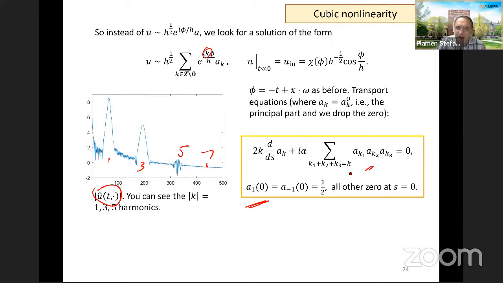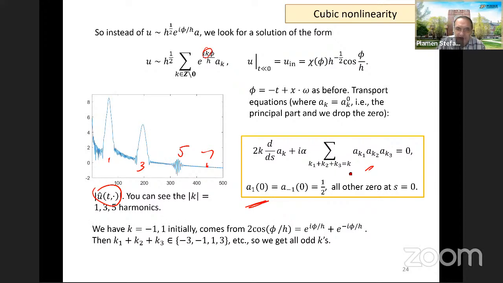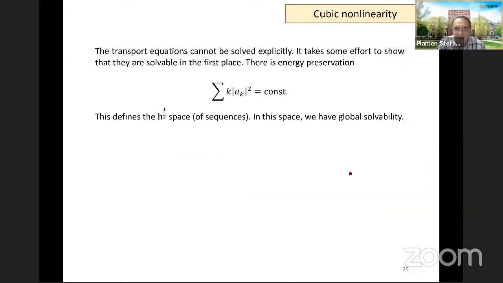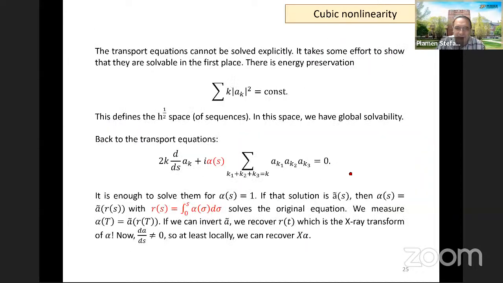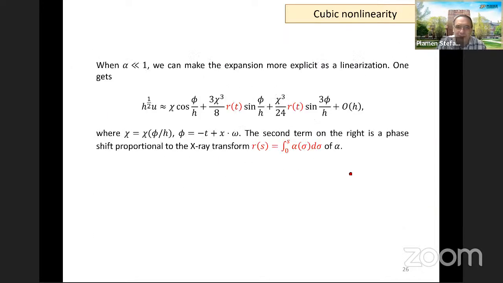But we show that this is solvable in certain spaces, and then you show that you can still extract the X-ray transform from the expansion, but we only show that if alpha is small enough. Okay, since I'm almost running out of time, I'm going to jump over this.